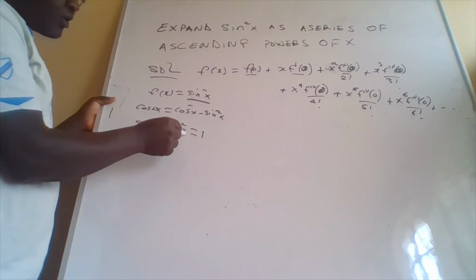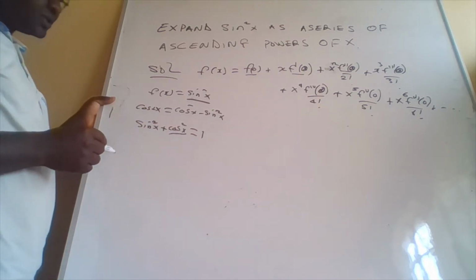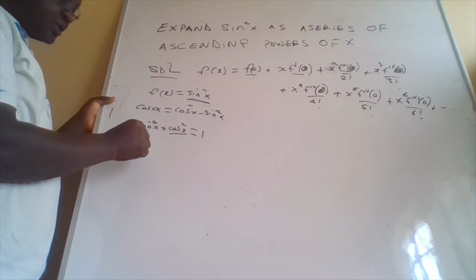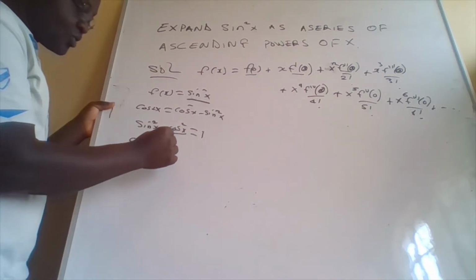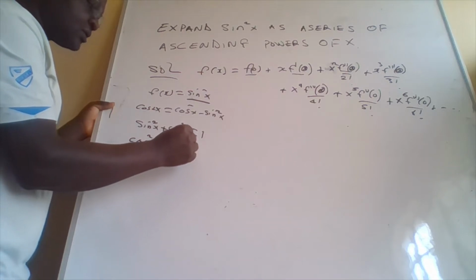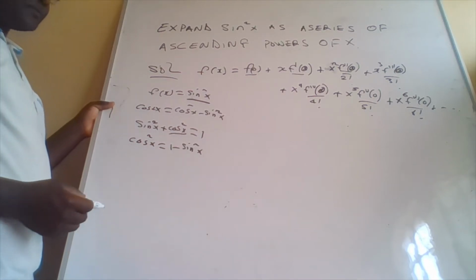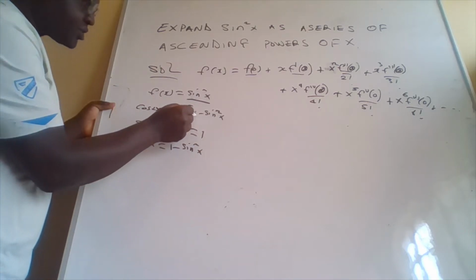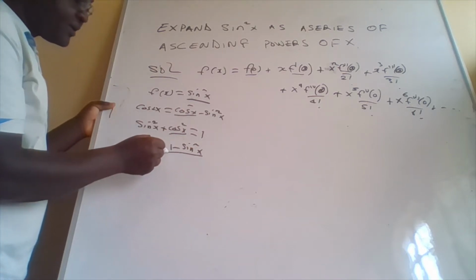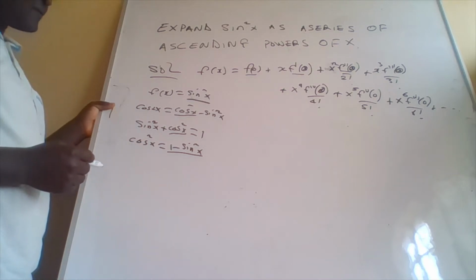Now, if I want to make cos x squared the subject, cos x squared will be equal to, this crosses to the other side, 1 minus sine x squared. So I want to substitute this with 1 minus sine x squared.